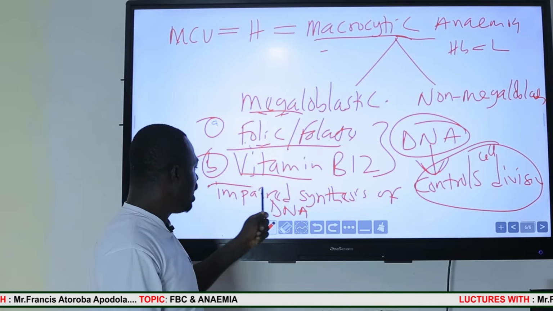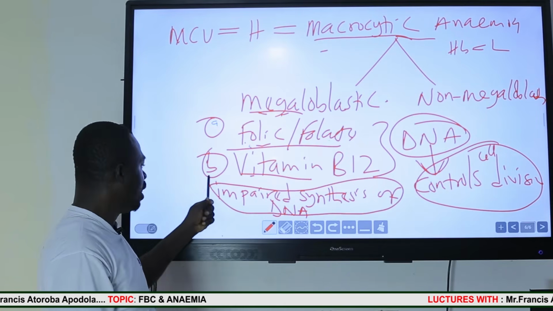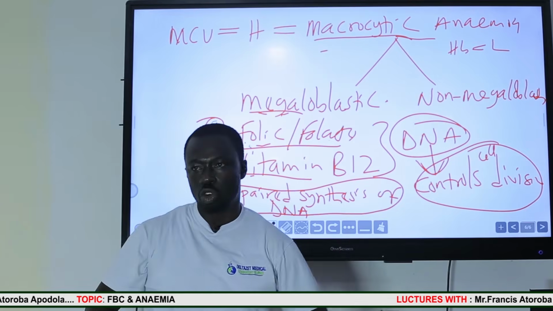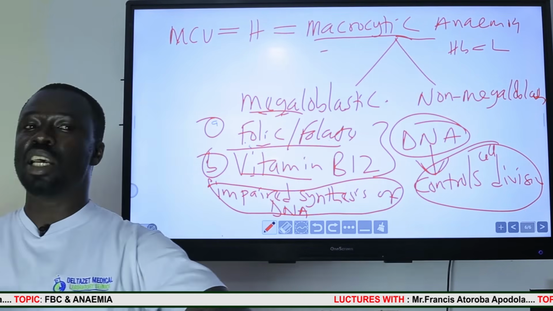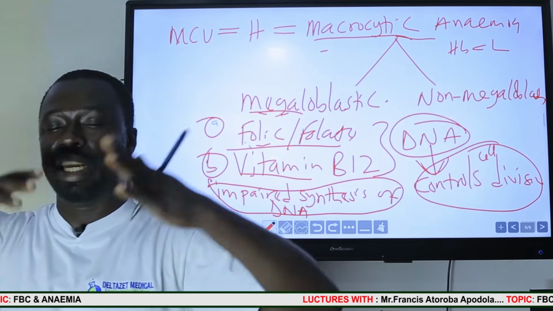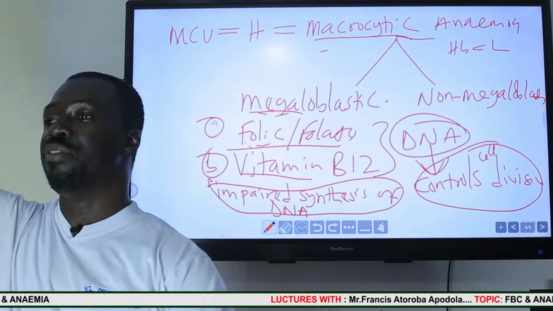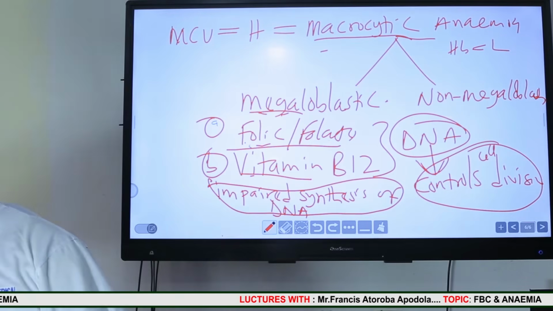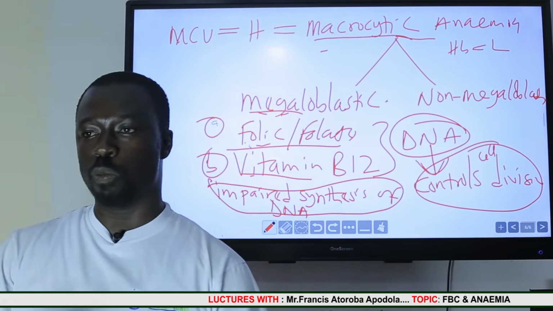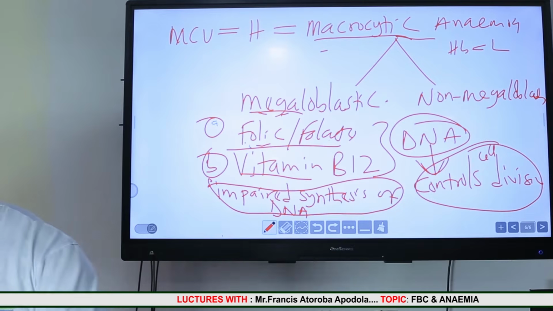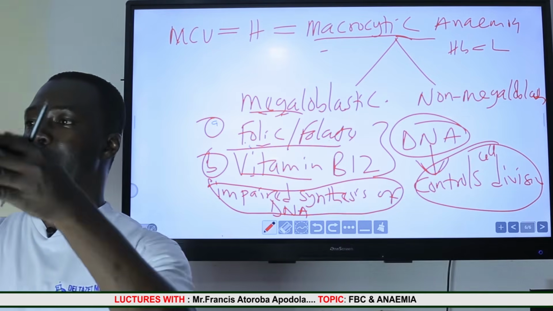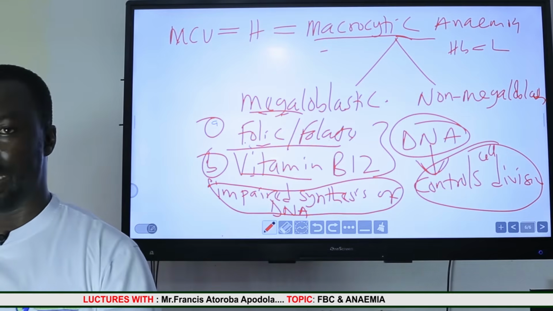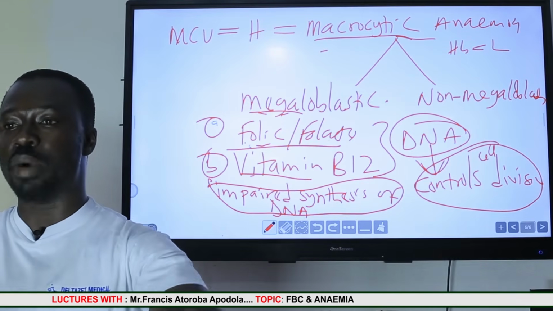And once the DNA synthesis is impaired, it can no longer control the cell from dividing. The end result is that the cell keeps on growing larger than normal and can never divide to give rise to other cells. You know, mitosis is supposed to occur as the cells are being produced. And because the DNA synthesis is impaired, there is going to be a failure of mitosis.